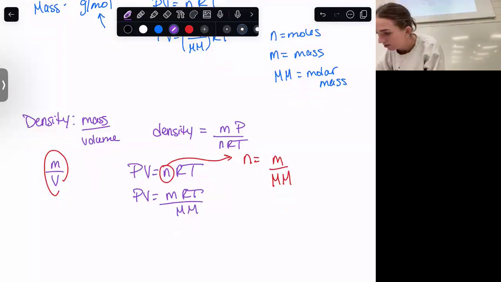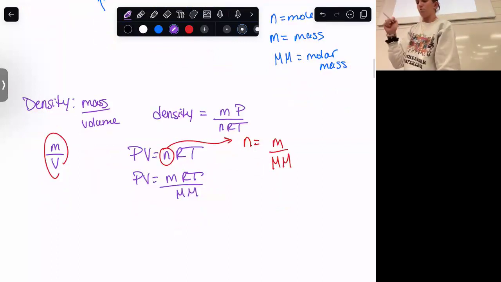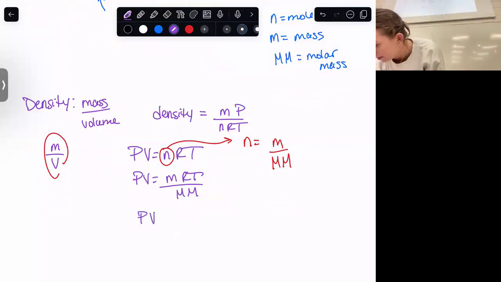And then if we multiply molar mass on both sides, PV times molar mass is equal to mass times RT. Then we can divide by volume on both sides.